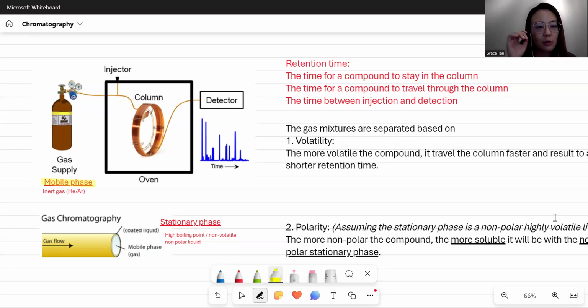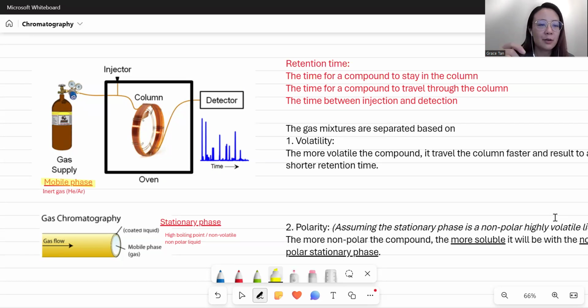Since everything is in gaseous state, can you see there's an injection point? At this injection point you can inject a mixture of gas, or a mixture of liquid sample. Can you see there's an oven here? The oven will evaporate the liquid, and ensure whatever is in gaseous state remains gaseous.